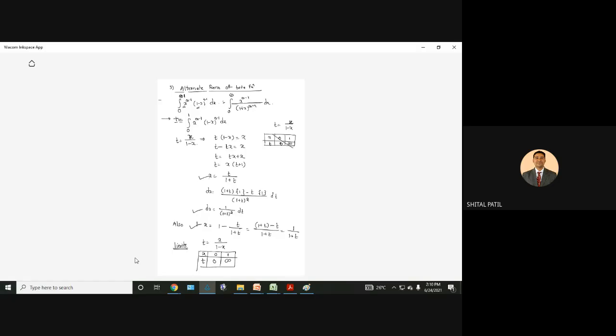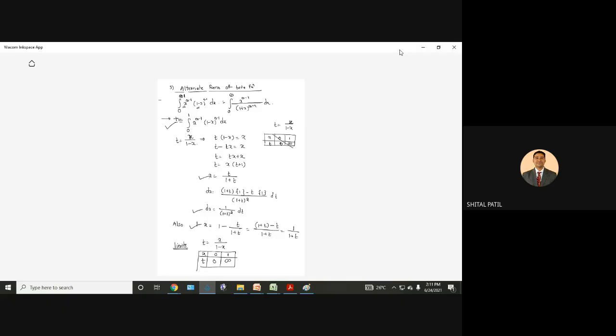Let me use all these values in this integral and we'll see what will happen. x is t divided by 1 plus t. dx is 1 upon 1 plus t square. 1 minus x is 1 upon 1 plus t. Therefore, limits will become 0 to infinity.